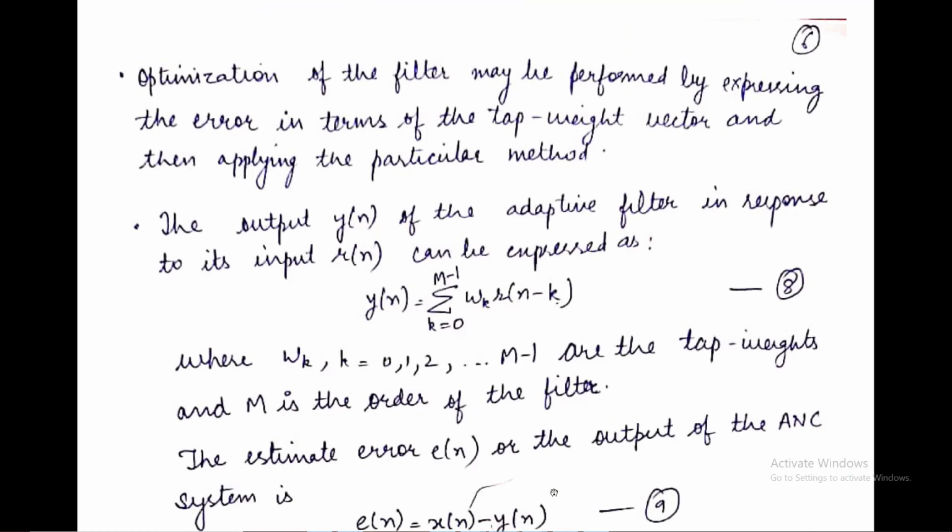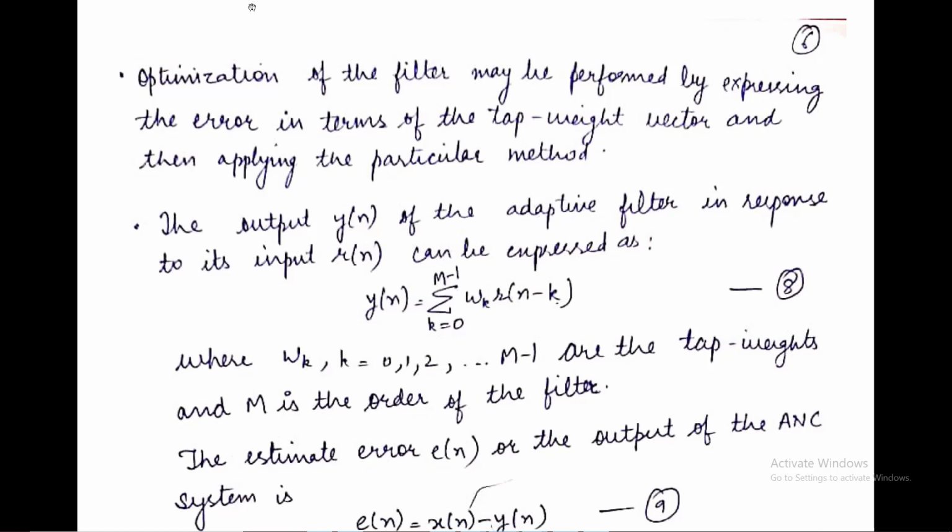Now, optimization of the filter. Now we have designed an adaptive filter. First, we had to design an adaptive filter, and we have seen the conditions. Now, how can we achieve optimization? Because the second concern was that the filter should be an optimal filter.